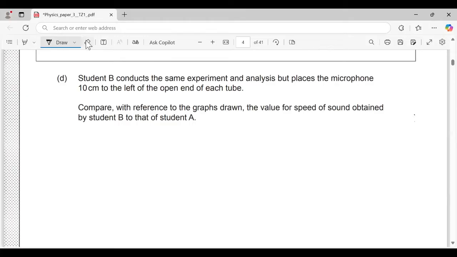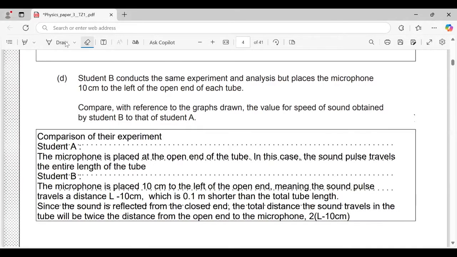I have provided my explanation about it. If we compare the experiment of student A and student B, for student A the microphone is placed at the open end of the tube. In this case, the sound pulse travels the entire length of the tube.